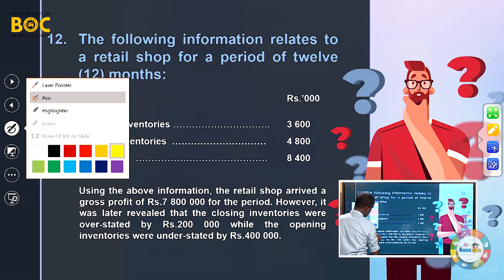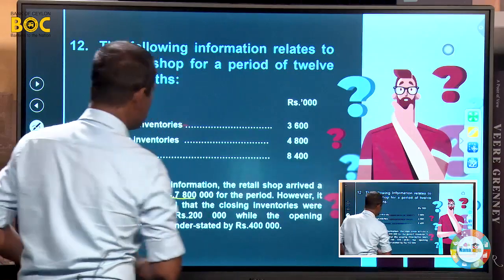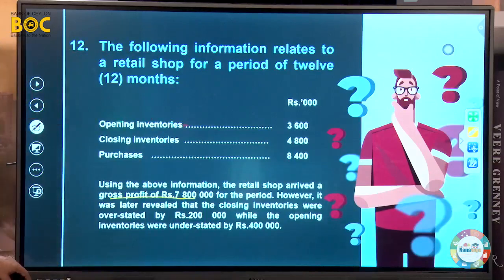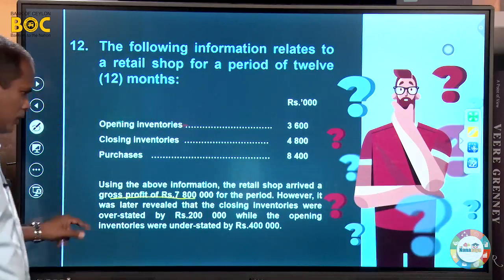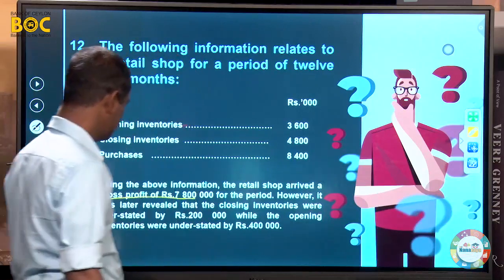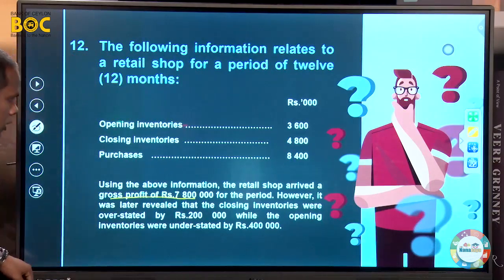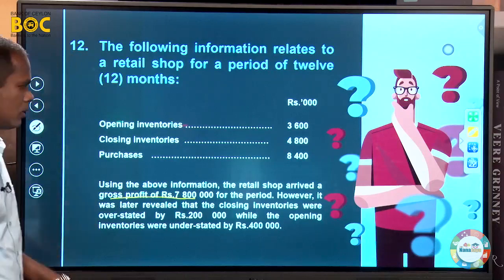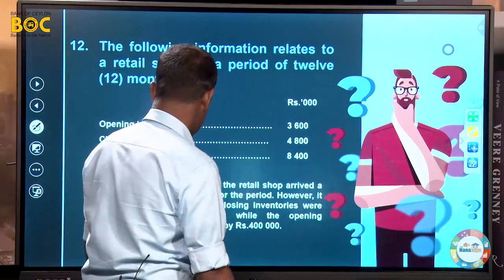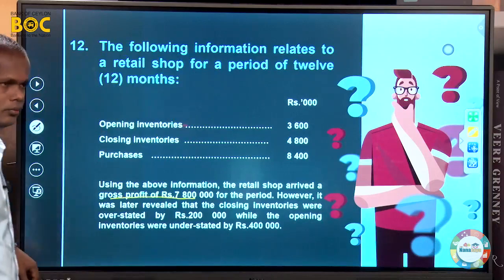Using the above information, the retail shop arrived at a gross profit of 7,800,000. However, it was later revealed that the closing inventories were overstated.